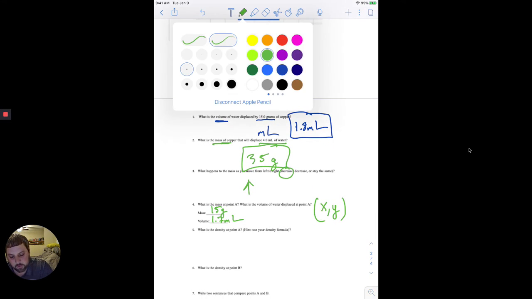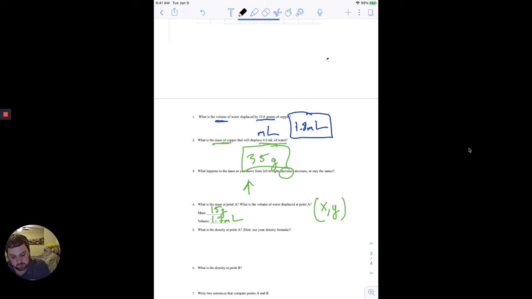Okay? Now, how do I get the density from that information? Well, again, if we remember, our formula is D equals M over V. Now we can plug our numbers in. So our M is our mass, that's 15 grams. Our V is our volume, that's 1.7 milliliters.